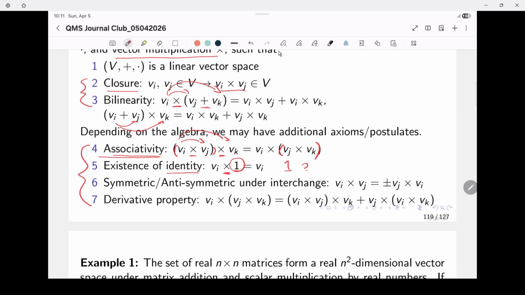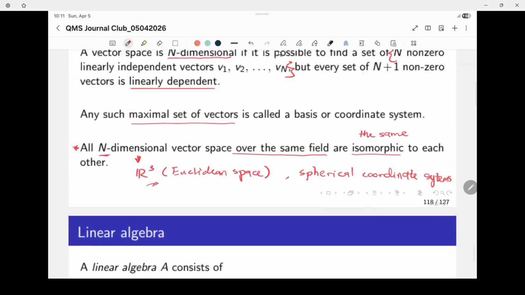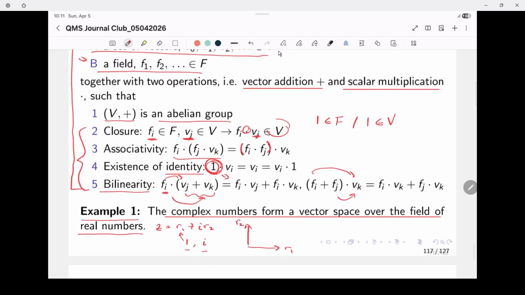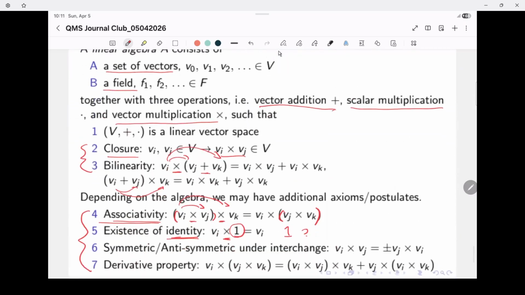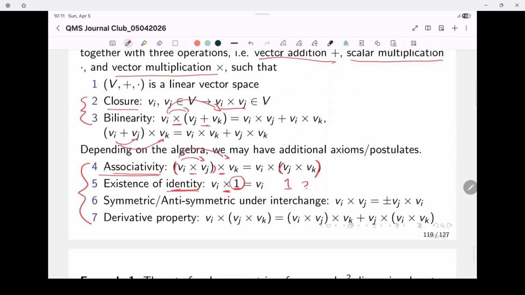The identity is with respect to vector multiplication. So this identity is not the same as before. The identity over here is with respect to your scalar multiplication, which comes from your field. This will be with respect to your vector multiplication, which comes from your set of vectors. So you need to be careful a little bit about this.